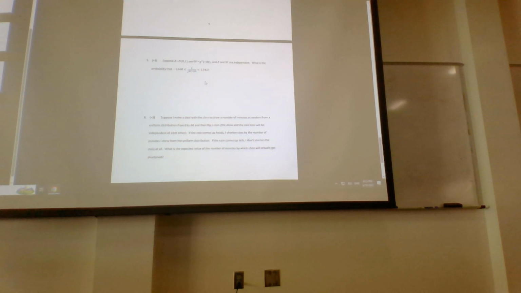This right here, this z over root w type thing. This is what we did in class. This is t distributed with degrees of freedom 100.